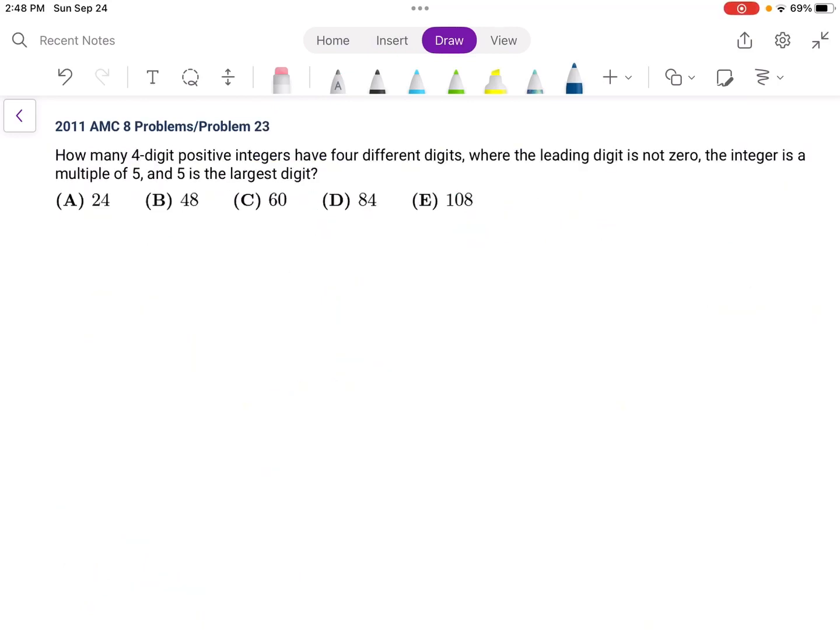Problem 23. Because the 4-digit integer is a multiple of 5, it has to end with 5 or 0. And the 4 digits are equal or less than 5. So let's assume it ends with 5. The first 3 numbers can be chosen from 4, 3, 2, 1, 0.